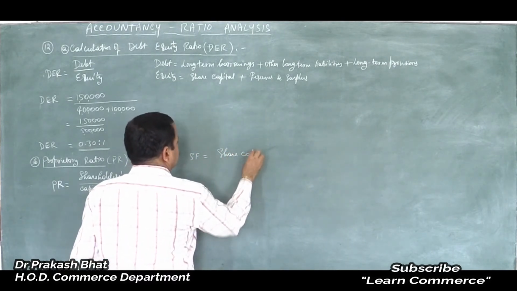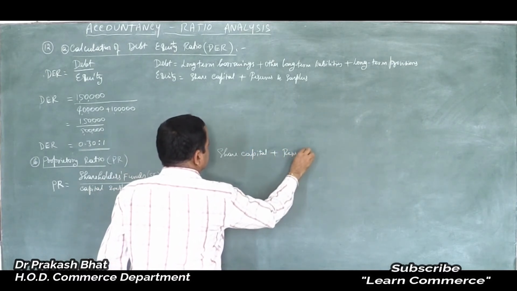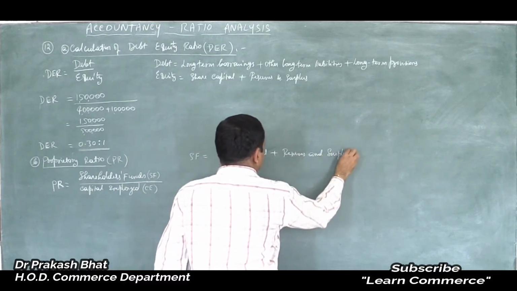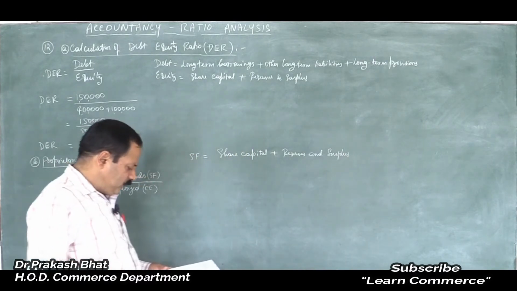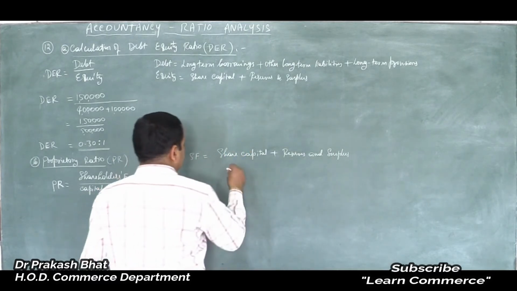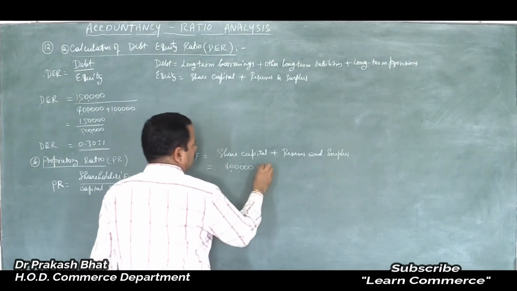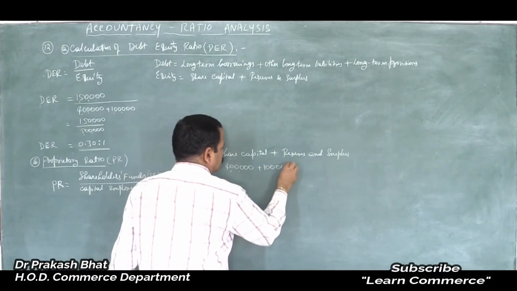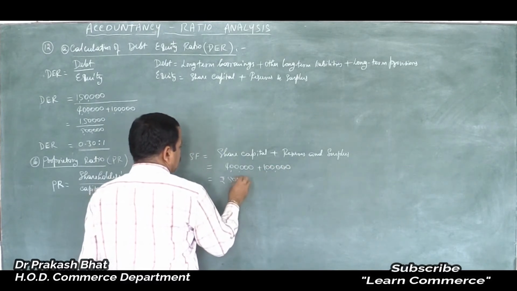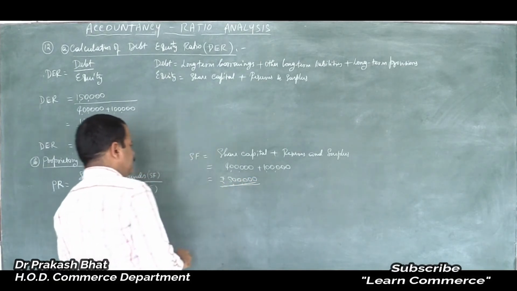Now, share capital is 4 lakh and reserves and surplus is 1 lakh, so 4 lakh plus 1 lakh is equal to rupees 5 lakh. One part, shareholders funds, is now known to us.